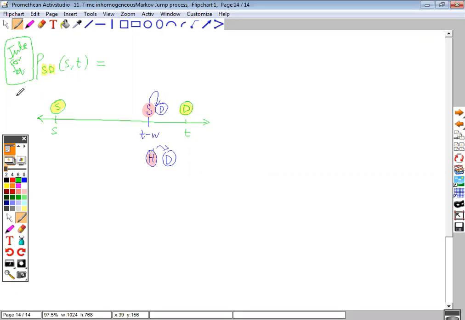So first, summation for the values H and S. Then integration 0 to t minus W. Then P_S, and then I think we should name that K equal to H and S. So for the time period S to t minus W, and then mu K to D, the transition from K to death D.